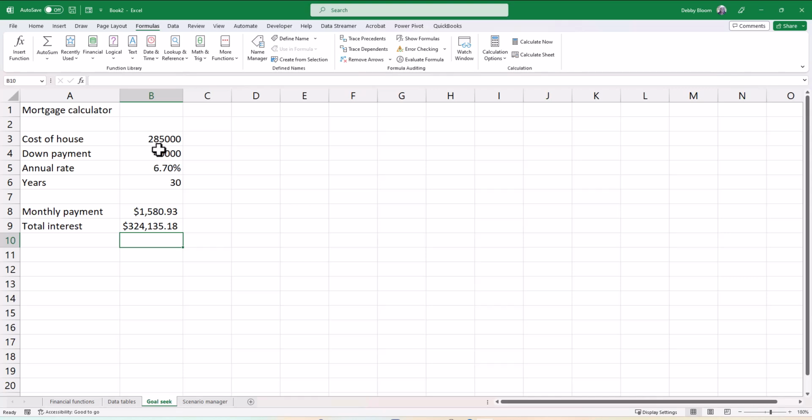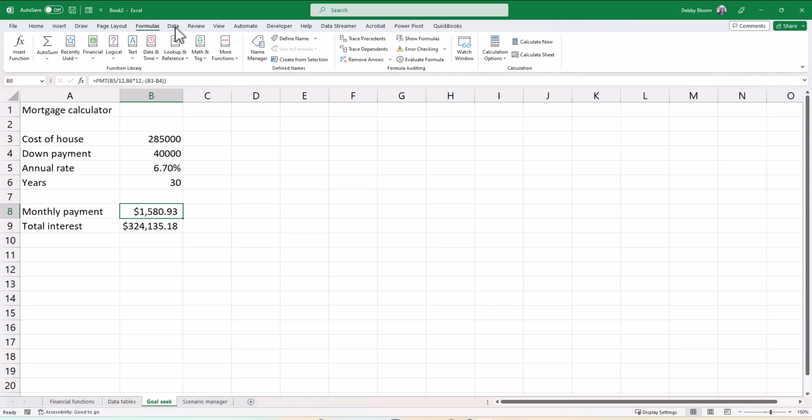So now, let's say you wanted to find a house for $1,300 a month, and you were willing to put down $40,000, but you wanted to know what cost would produce a monthly payment of $1,300. So because the answer that we want, $1,300, is the monthly payment, I'm going to click on cell B8, the monthly payment, although it's not 100% necessary, it will just save a step.